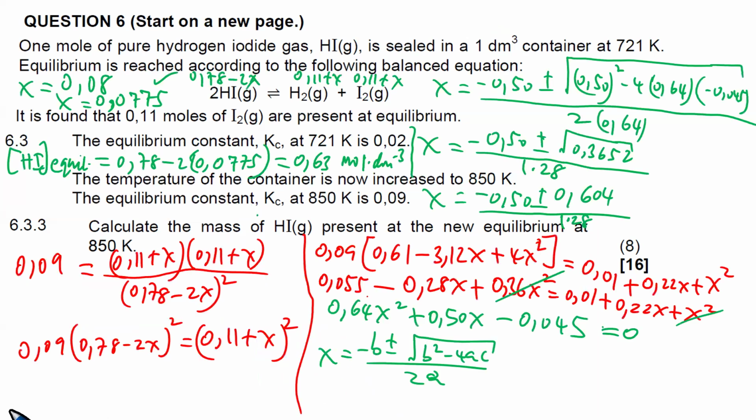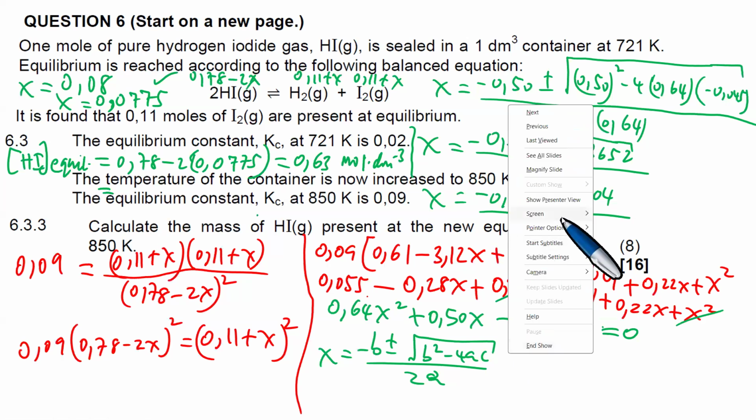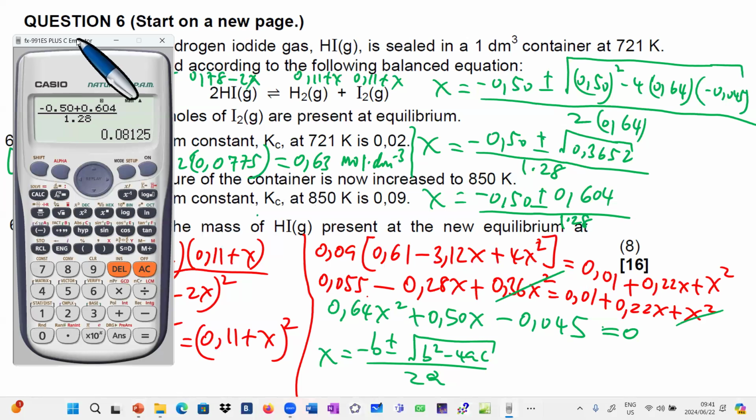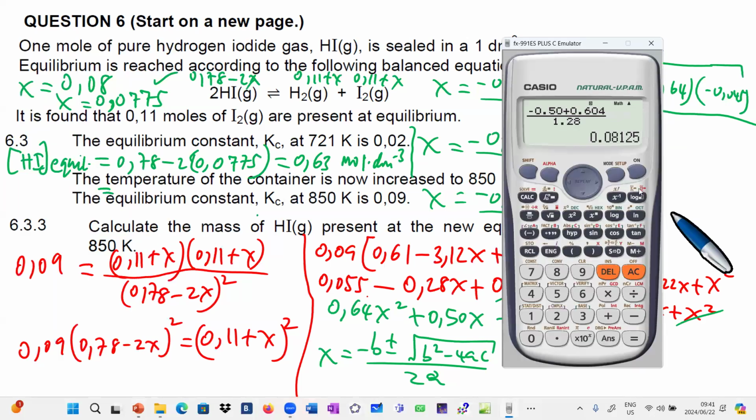But you see, this 0.63, if you do it very carefully here, 0.78 minus 2 times that, I can show something more practical than just showing with the calculator where these answers are coming from. So you'd say 0.78 minus 2 times 0.0775.